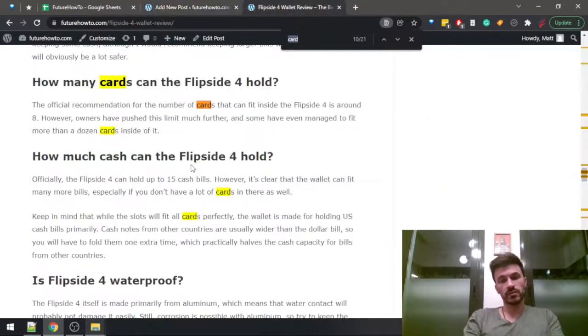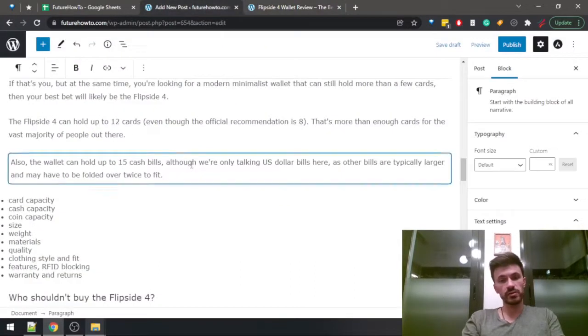Okay, I don't think this wallet handles coins. Yeah, the wallet is not a good choice for keeping coins. Okay.